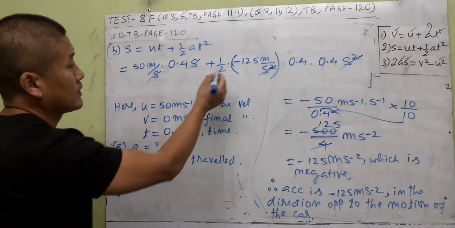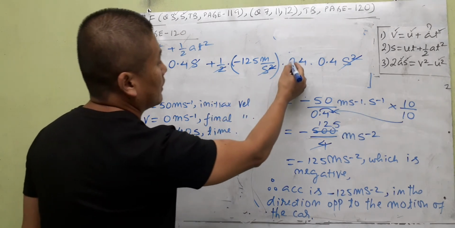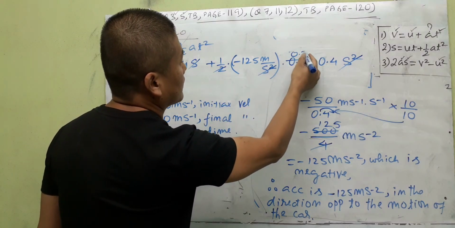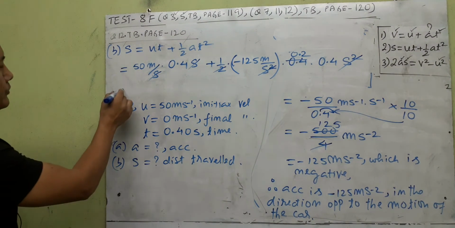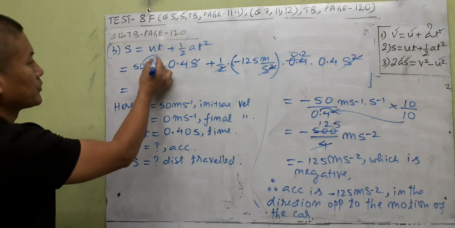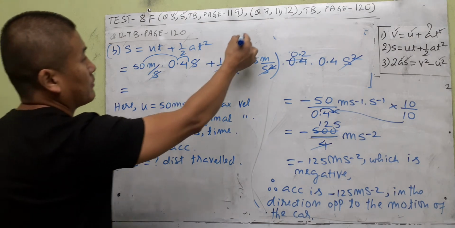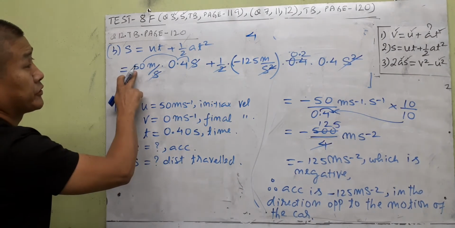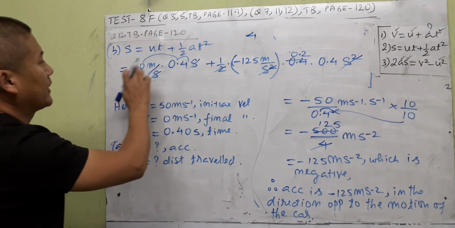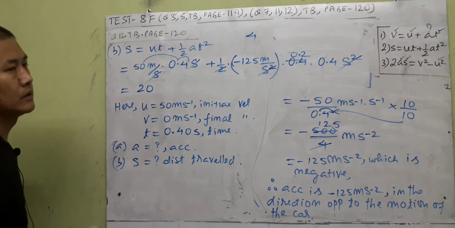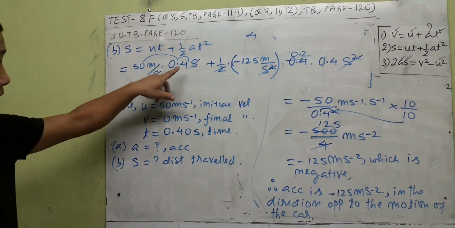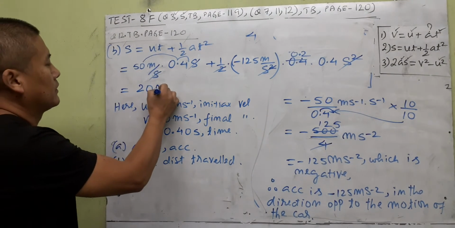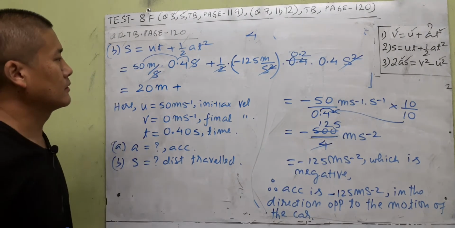And then you can also cancel this, so 2 ones are 2, 2 zeros are 0, 2 twos are 4, so 0.2. Then here you can use this 0 to shift this decimal to the right, then it becomes no more decimal, so no more 0 here also. So 4 5s are 20. 0 is used up, so don't put 0 again. 4 5s are 20. Here only meter is left.